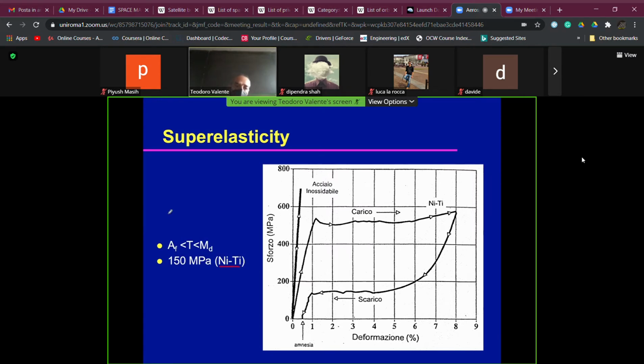That is, we are, as you can see here, at a fixed temperature value, which is in the range, as we said, between Af and MD, and then we have the transformation of the phases by applying a stress, and this is superelasticity, at this constant temperature value. Linear part, then here we have the lower limit of stress for austenite to martensite transformation. This is the upper limit of stress in order to have all the austenite transformed in martensite.